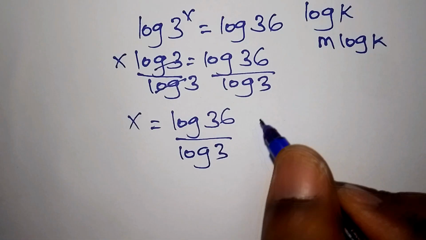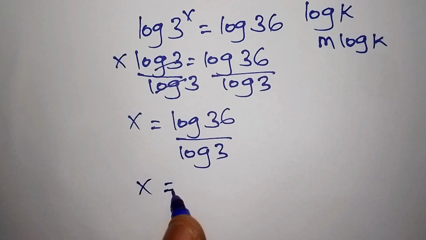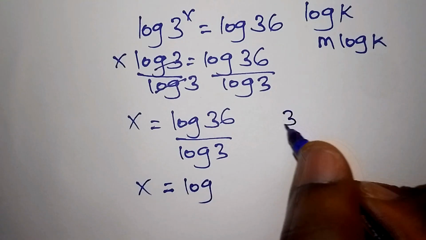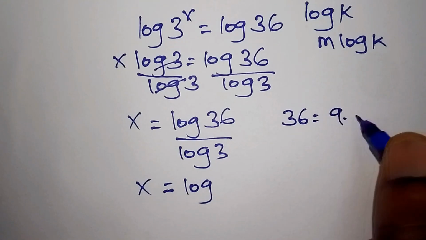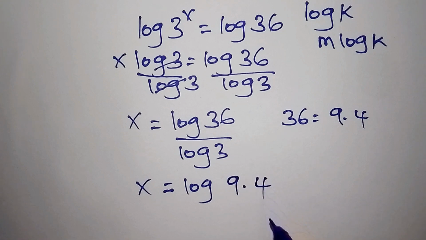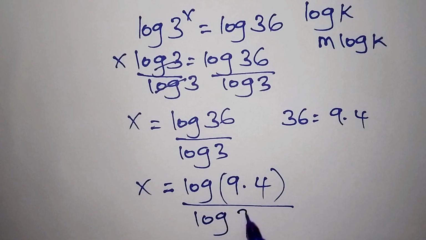So we can work out this by saying that the value for x is equals to the log of 36, which can be written as the log of 9 multiplied by 4, all over the log of 3.